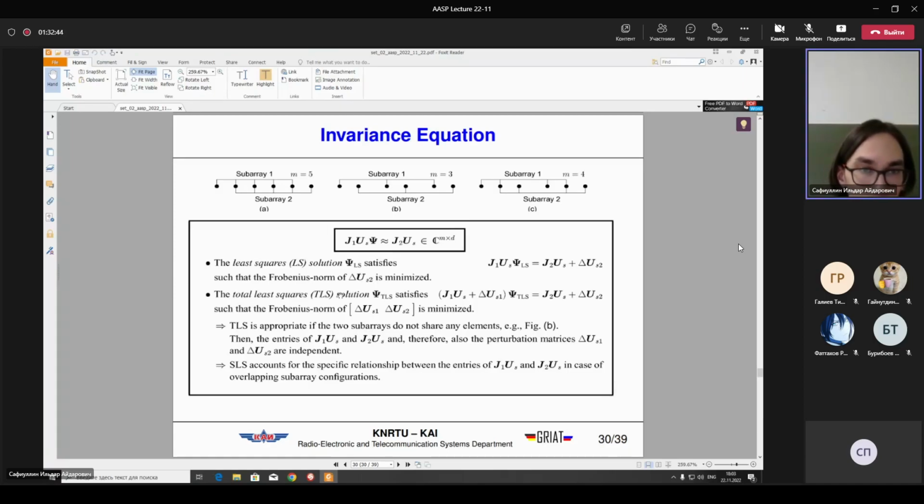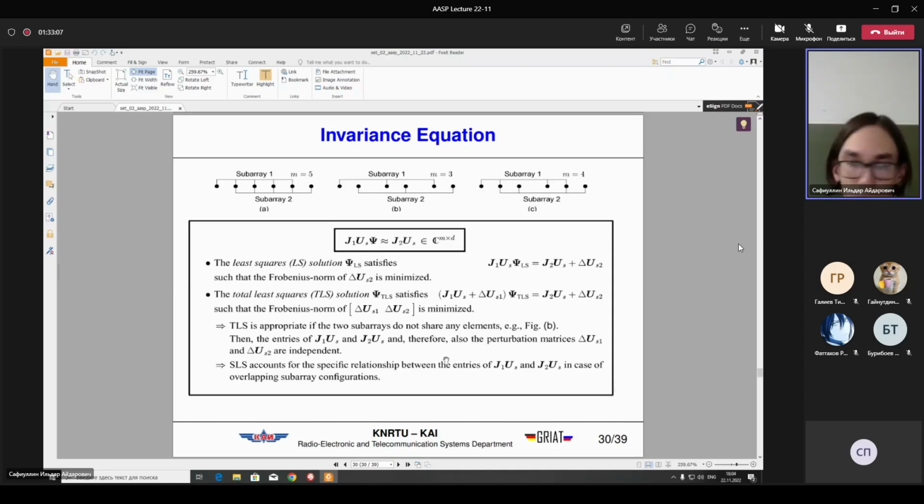For the total least squares solution, we also take into account the errors in the first subspace, so for the first selection matrix and for the second selection matrix.